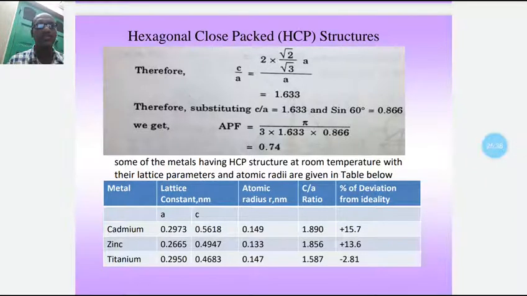Atomic radius 0.147 and C by A ratio 1.587, and percentage deviation from the ideal HCP structure, that is minus 2.81%. So apart from these, manganese, cobalt, beryllium, etc., have HCP, near HCP structure we can see at room temperature.